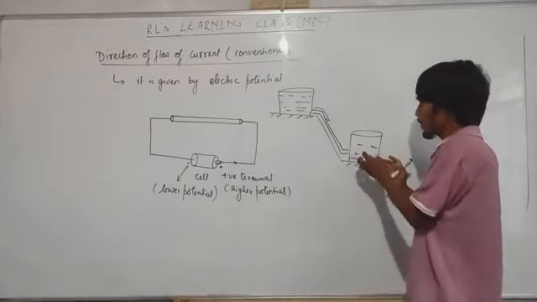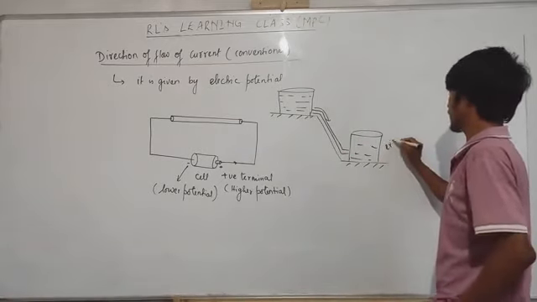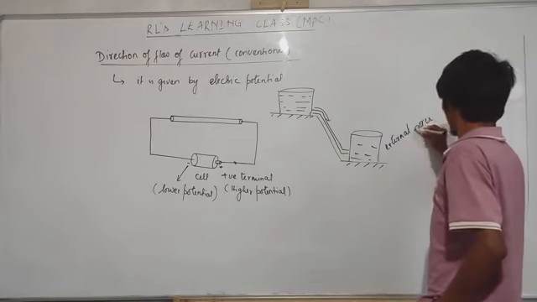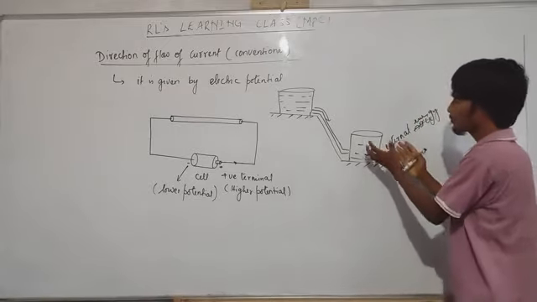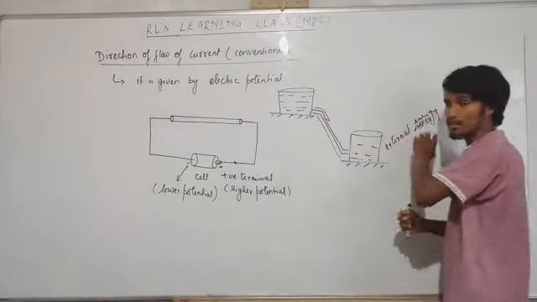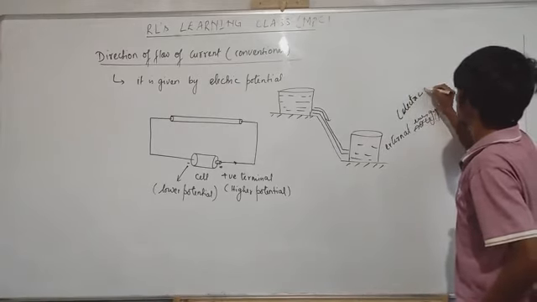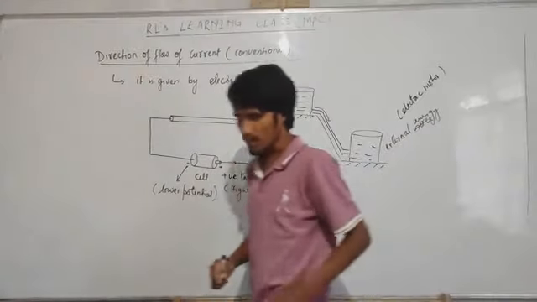In that case, if you want to move this water from here to here, you have to apply some external source, some external energy. If you want this water to move up, you have to apply some source. That would be an electric motor. We use an electric motor to pump this water up.